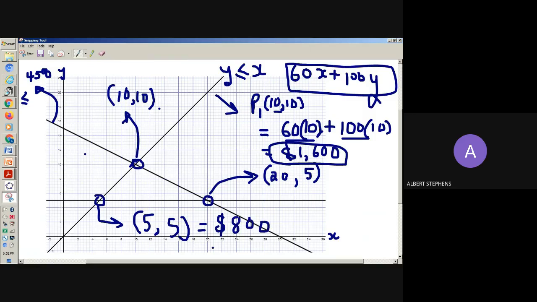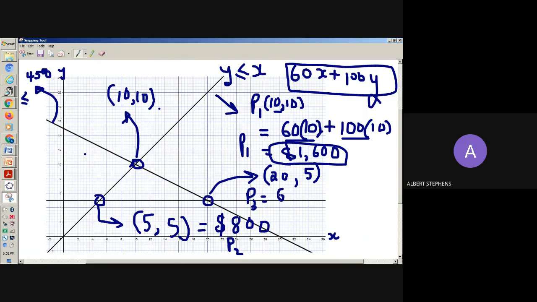Can somebody second that? Right, 800. That's profit 2. Profit 3 is the last one, which I think is the answer and gives the biggest profit.